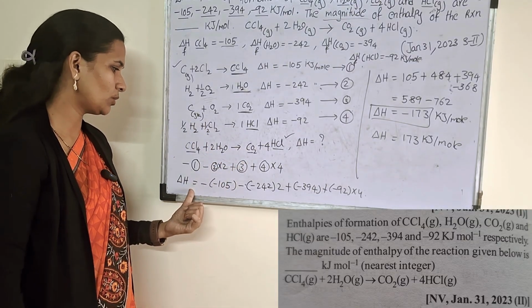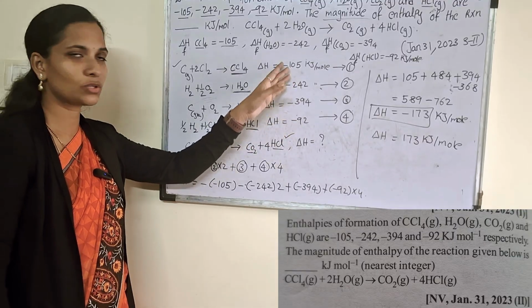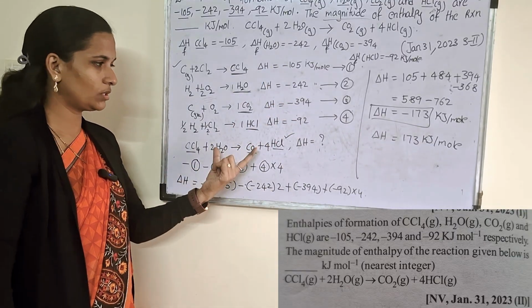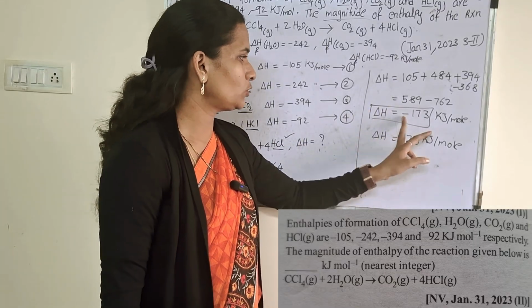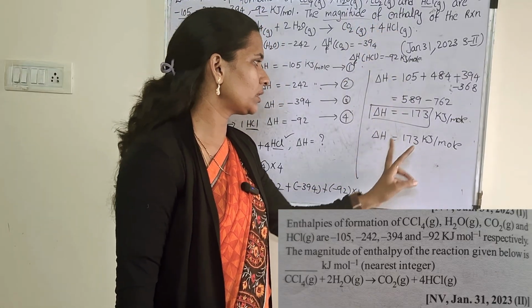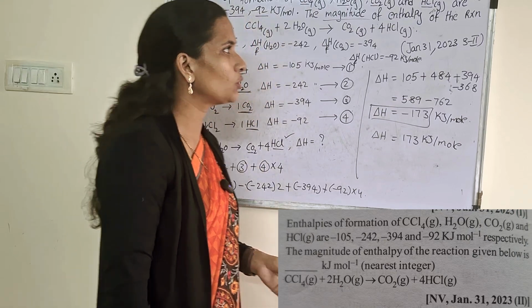To calculate delta H, we substitute the values given for the first, second, third and fourth equations, and then we get delta H for this reaction. The delta H value came as minus 173 kilojoule per mole, but they are asking for the magnitude, so delta H will be the positive term, 173 kilojoule per mole. Thank you.